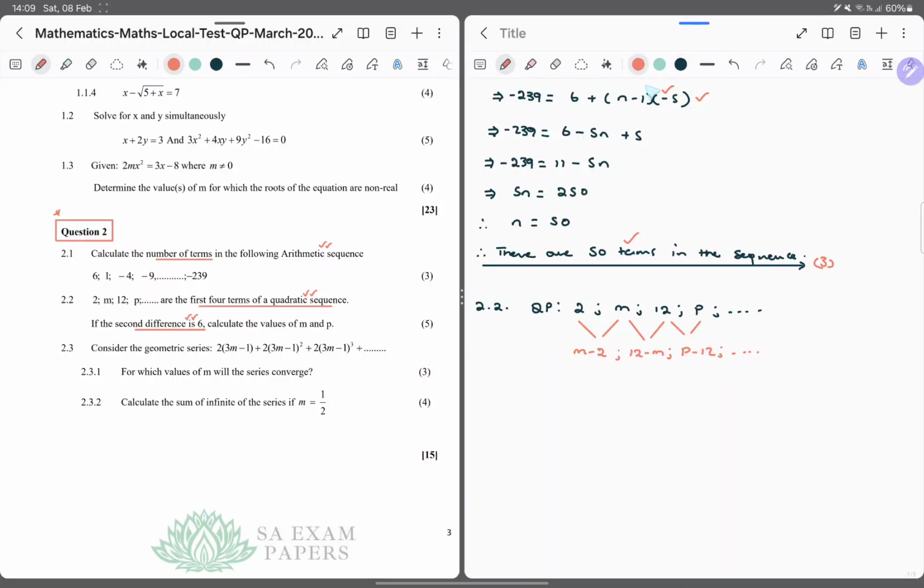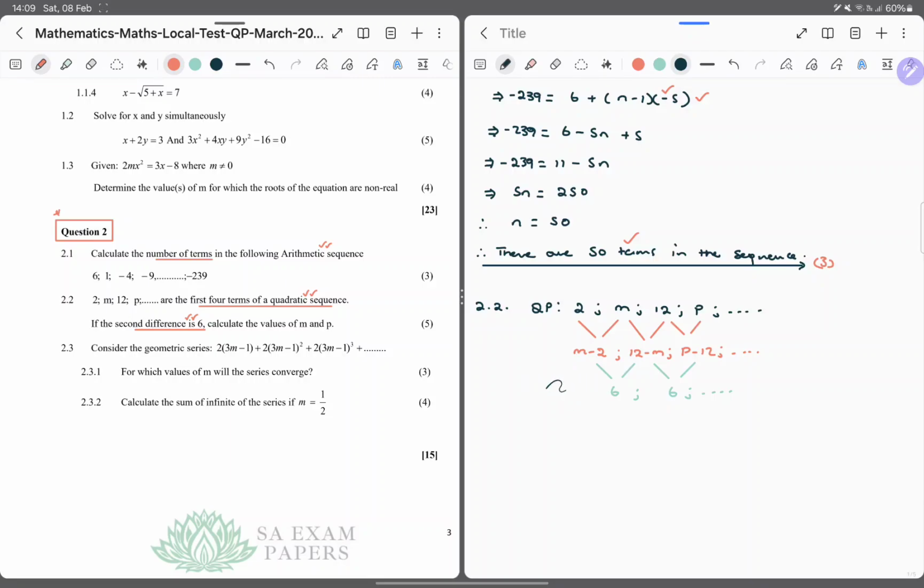It will continue as long as we have that. But we are told the constant second difference is 6. So it should be the case also between those two, because we know that this is a constant second difference. Again, this structure, guys, needs to be understood.